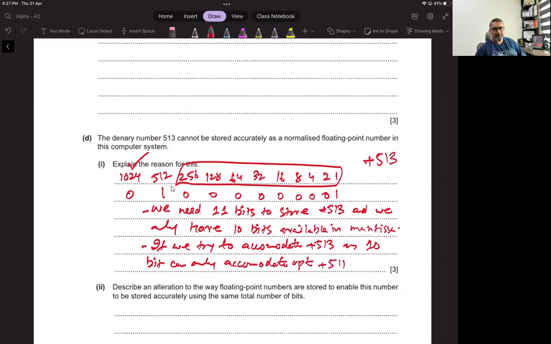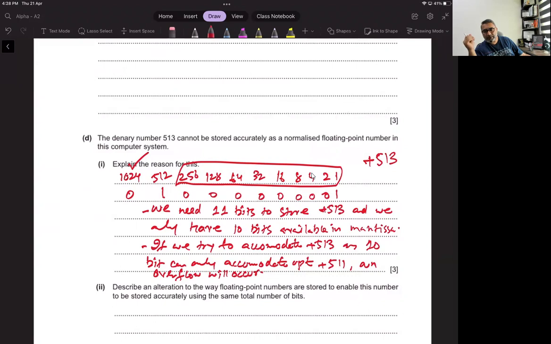How do I know that it is 511? Anything that you add before this 512 will be 511. An overflow will occur. If you try to put data for 11 bits in a 10 bit space, obviously on the left, the bit will be dropped, or from the right, the bit will be dropped.